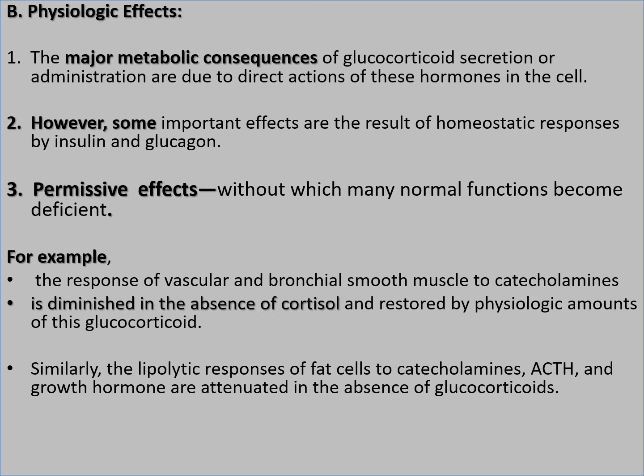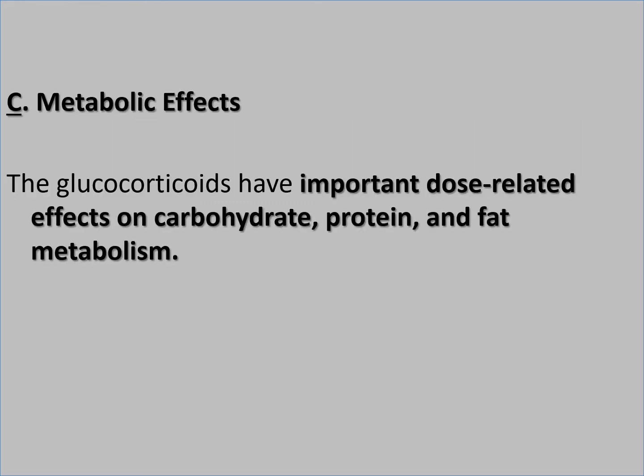So, what are the physiological effects? Physiological effects are mostly on the immune response, on the metabolism, on the fat cells, on catecholamines. Some of the metabolic effects have very important dose-related effects on carbohydrate, protein and fat metabolism.